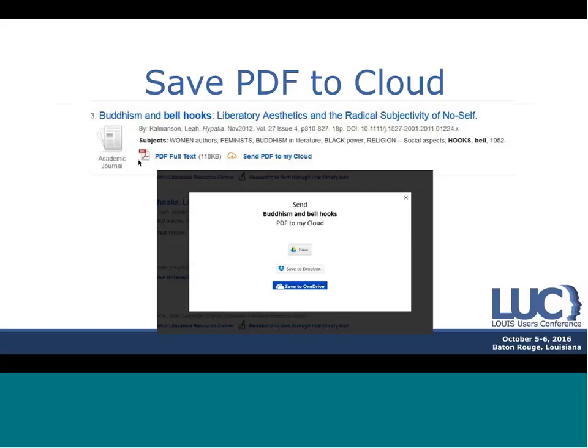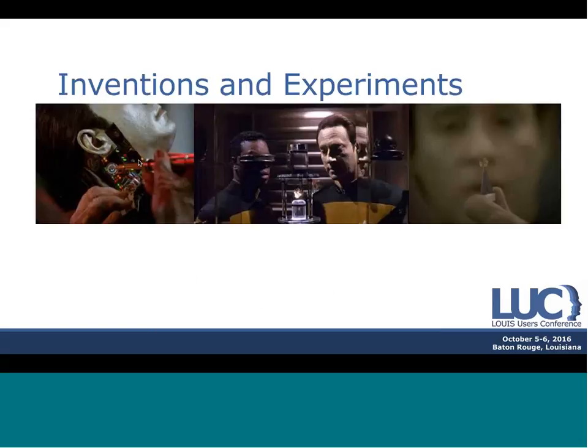But we were able to integrate with these other products so that they can click on, save this to my Google Drive, and then they can go to their Google Drive, and as long as it's within the time frame that those are allowed, they can get to that PDF, read it, do whatever they want to do with that PDF from their own storage places. So making sure that it's easy for the end user to still use the things they're used to using while using library search engines is the goal here.